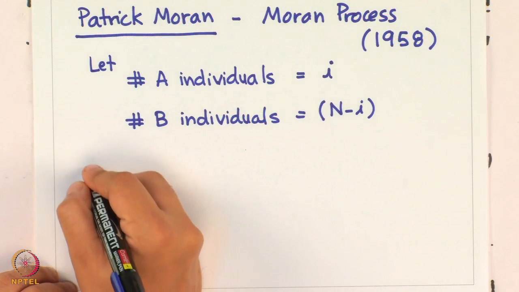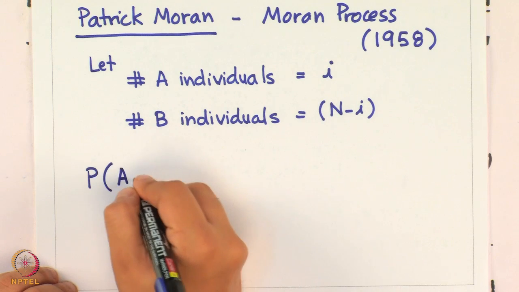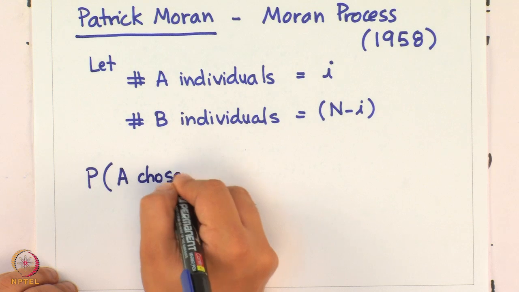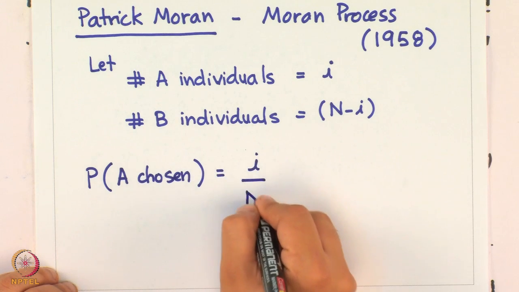So any one of the n individuals is equally likely to get drawn, whether that drawing is for birth or death. Irrespective of that, every individual is equally likely to get drawn. So when I am drawing a cell for either birth or death, the probability that A gets chosen will just be equal to I divided by n.